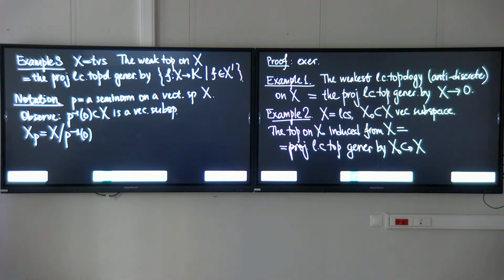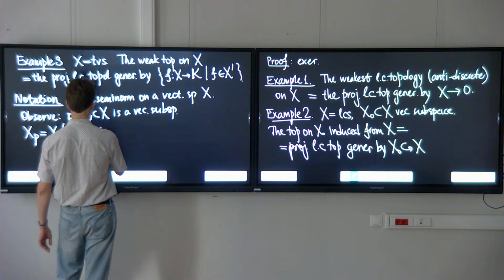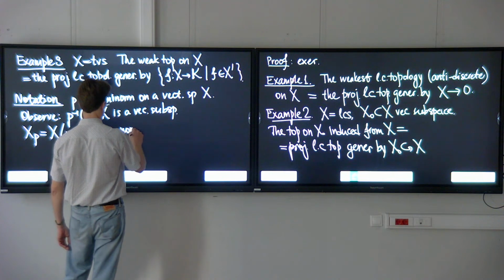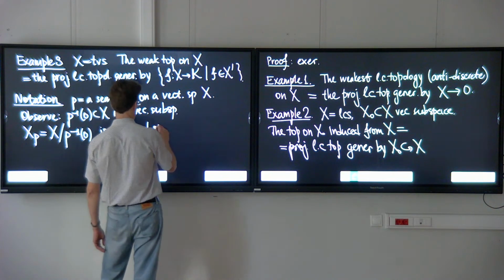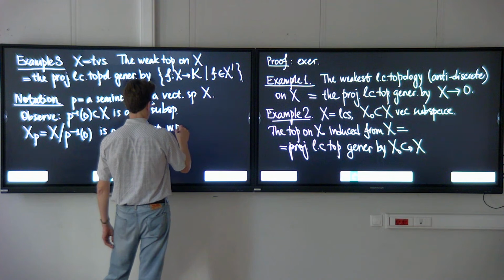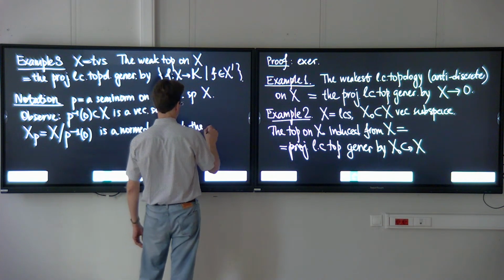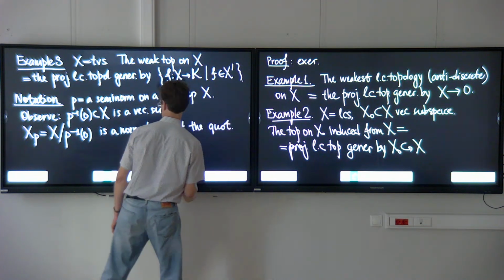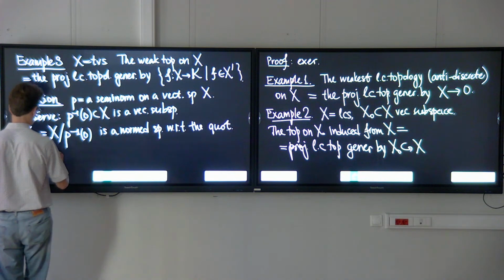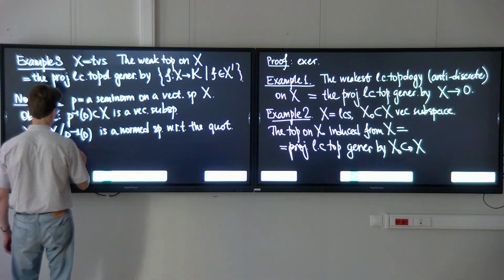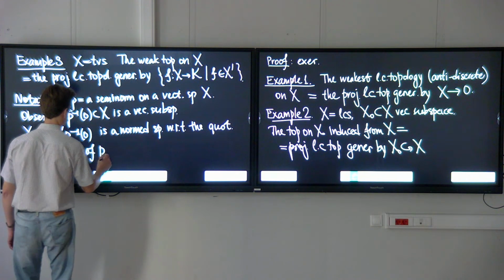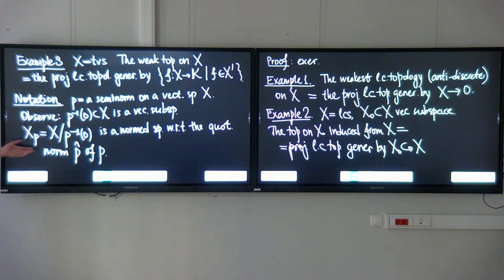We make X_p into a normed space with respect to the quotient norm, p hat. So p is a seminorm on X, and we quotient out the zero subspace of p. We take the quotient seminorm on X_p, and this quotient seminorm is actually a norm.